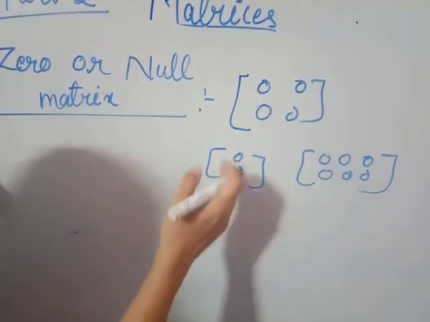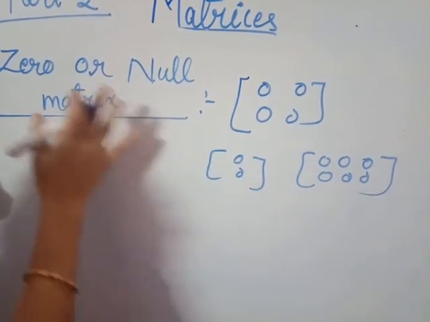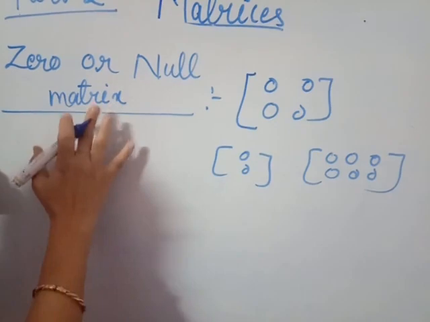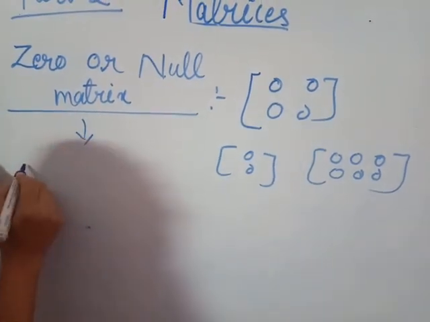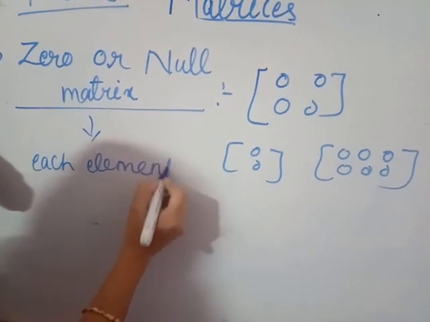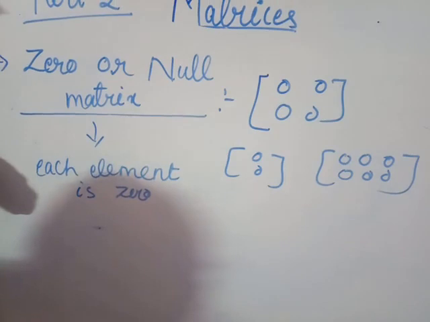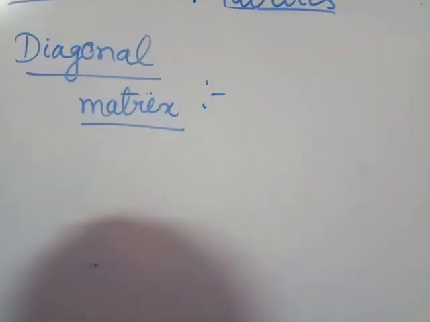Here you can see that every element of the matrix is 0. That time it is called the zero or null matrix. So the definition is: each element of the matrix is 0, then it is called the zero or null matrix.